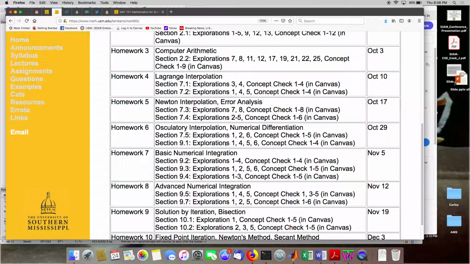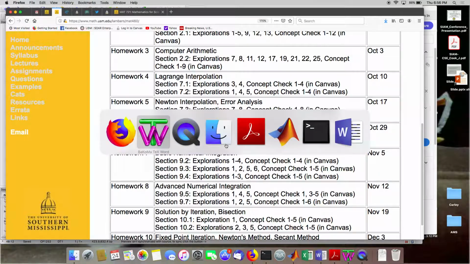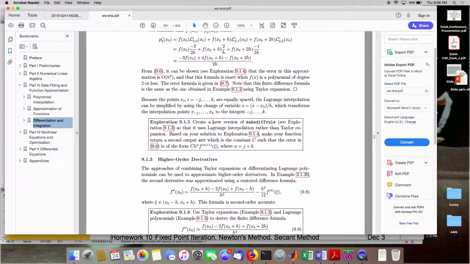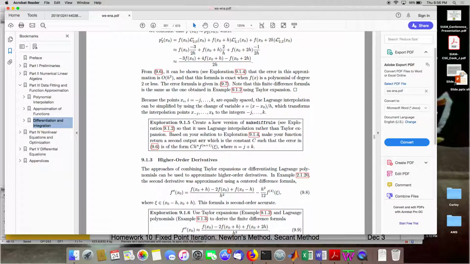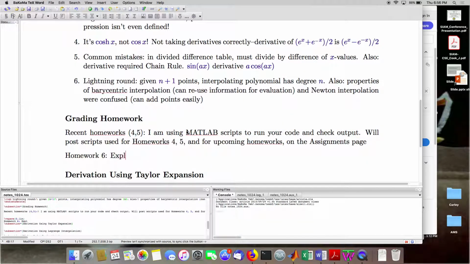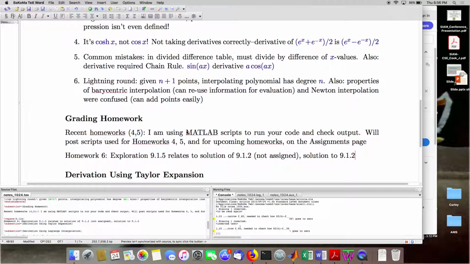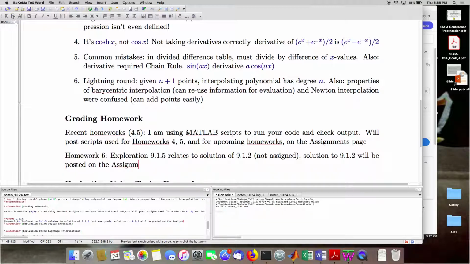One thing I want to point out is that exploration 9.1.5 in section 9.1 relates to the solution of 9.1.2, which is a problem that is not assigned. So to work around that, the solution to 9.1.2, which is just a MATLAB coding problem, will be posted on the assignments page.